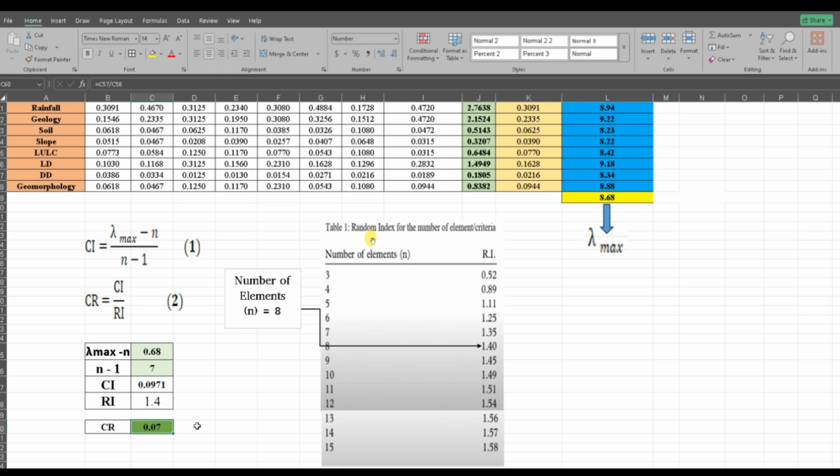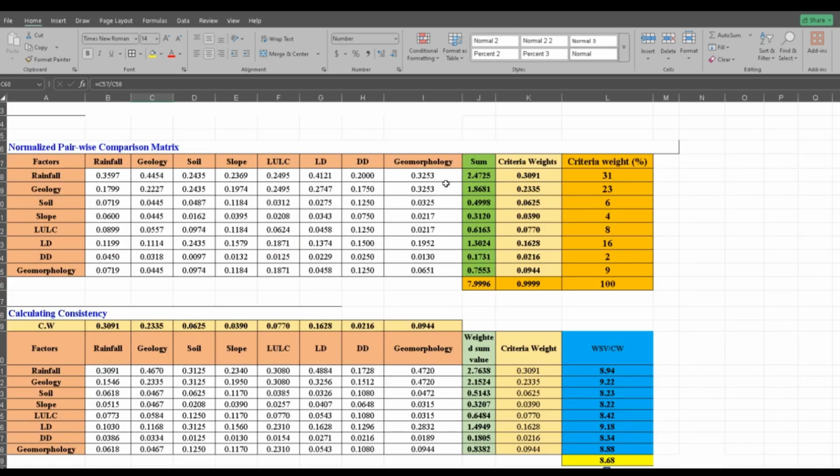Here, the final goal is calculating the criteria weight for each factor which influences our objective. Here, what you have to know is that this is not always true for different analyses or different assessments.